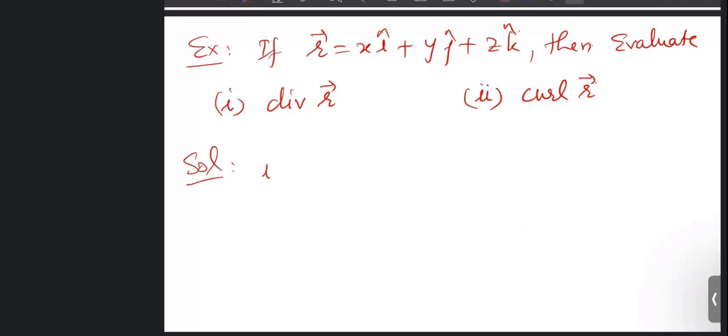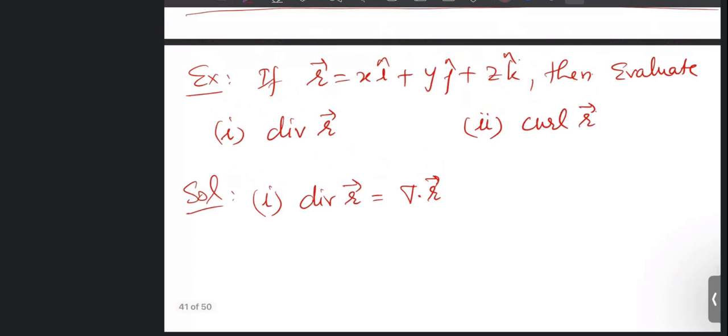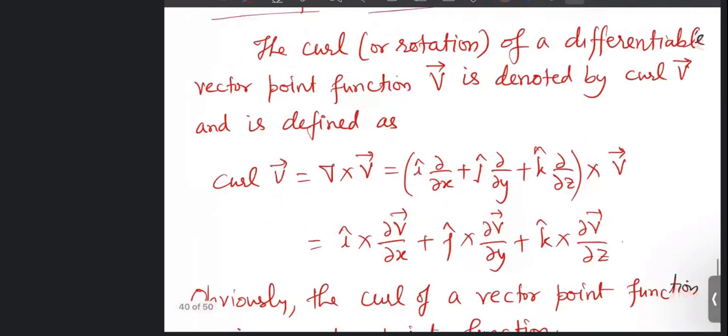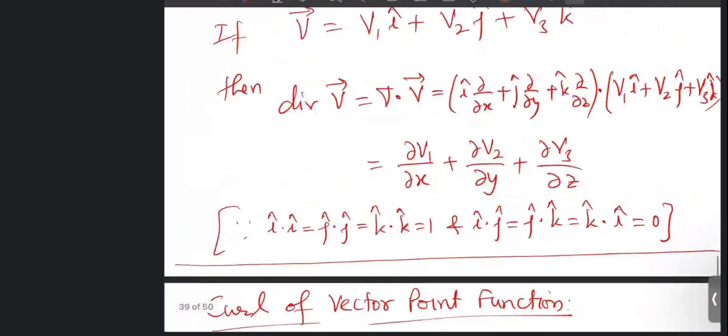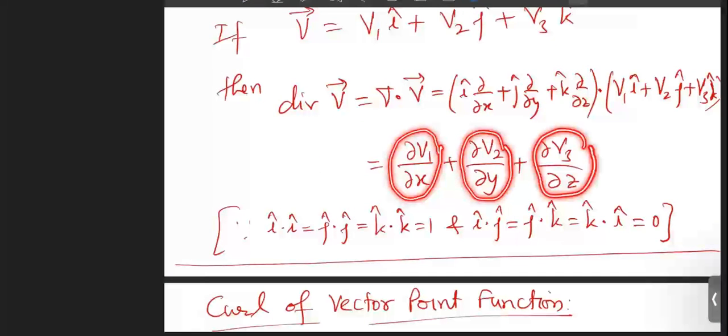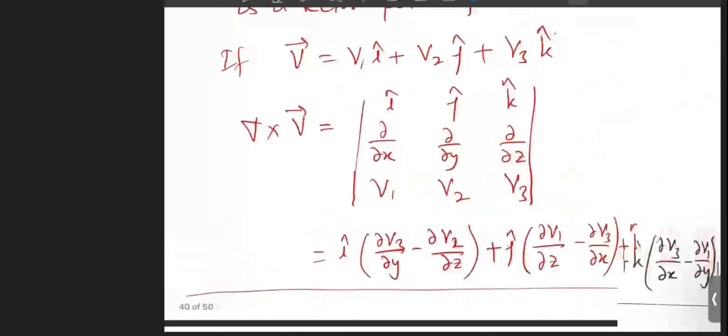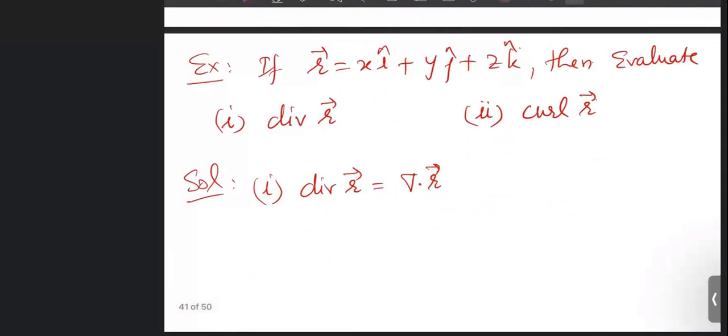Solution: first, the divergence of vector R. R is given in component form, that is del dot R, the dot product of two vectors. As we are already aware, the dot product of these two is ∂V1/∂x plus ∂V2/∂y plus ∂V3/∂z. Just consider that part only. We have R equal to xi plus yj plus zk.